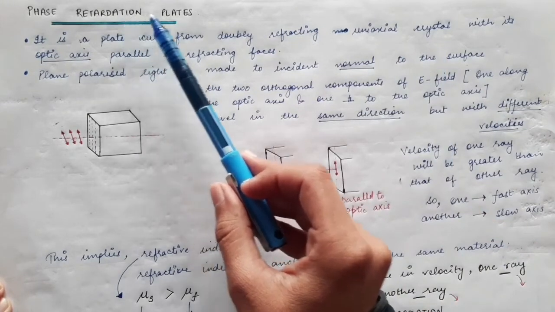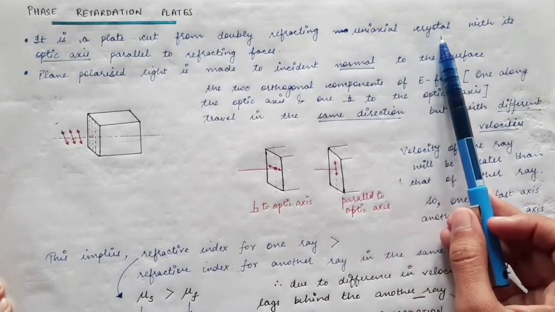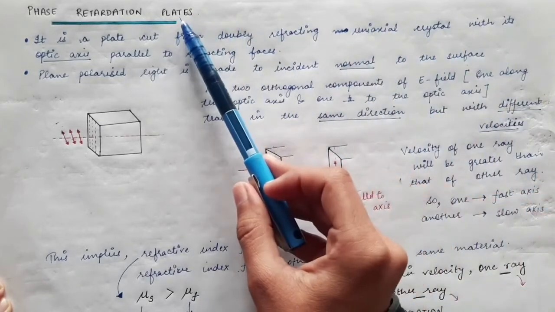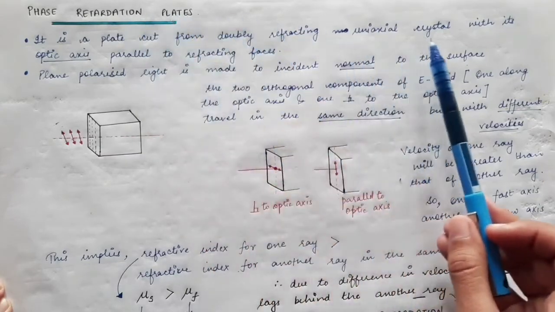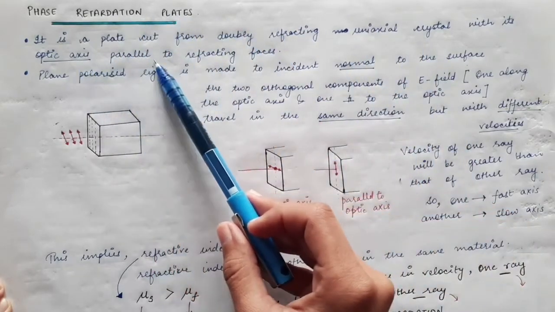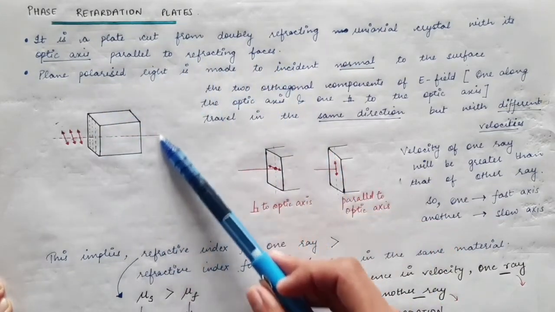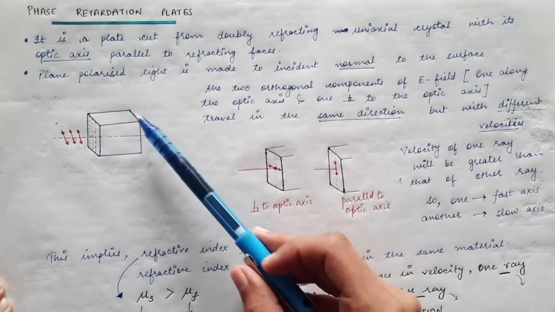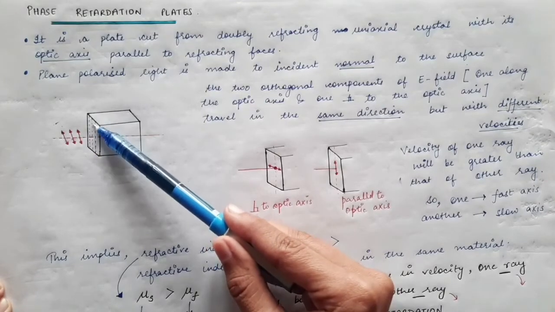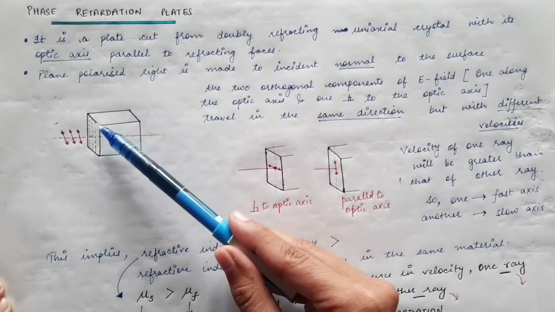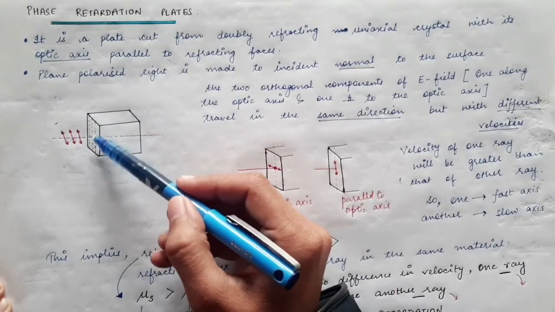Now these retardation plates are constructed from these double refracting uniaxial crystals such that they are cut in such a manner that the optic axis is parallel to the refracting faces. So let's say I have cut this portion from a double refracting material in such a way that the optic axis, these dotted lines which I have drawn over here, are parallel to the refracting faces.